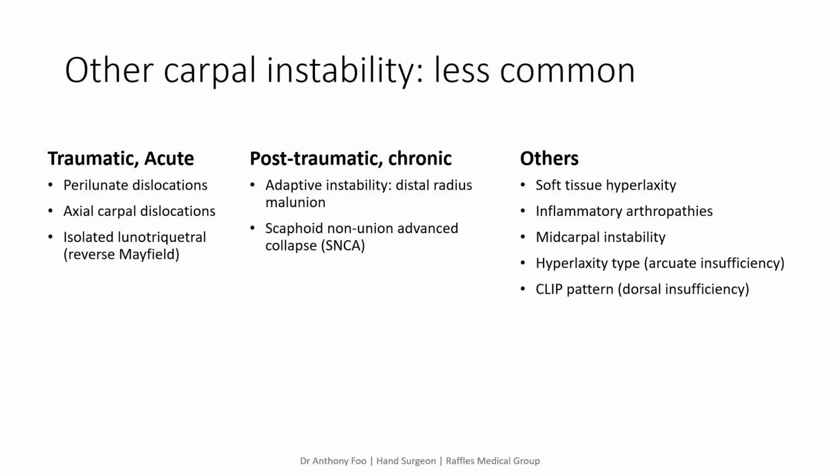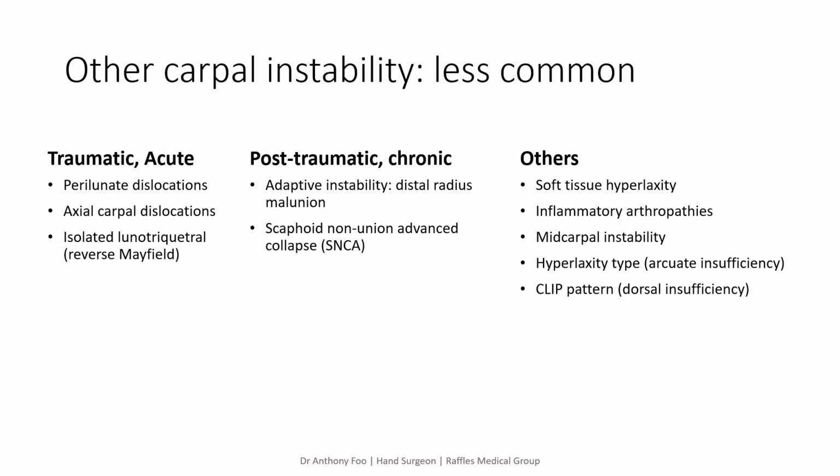Other even less common kinds of instabilities are those caused by soft tissue hyperlaxity, inflammatory arthropathies such as rheumatoid and psoriatic arthritis, midcarpal instabilities, and also the hyperlaxity, acute insufficiency, and the CLIP, capitate-lunate instability pattern type, indicating a dorsal ligamentous insufficiency.